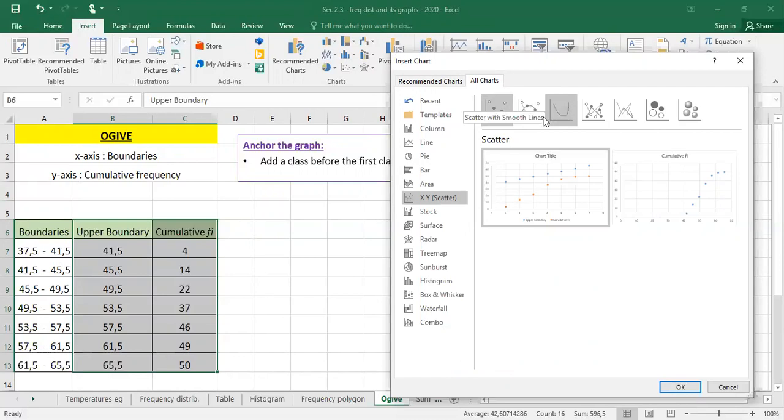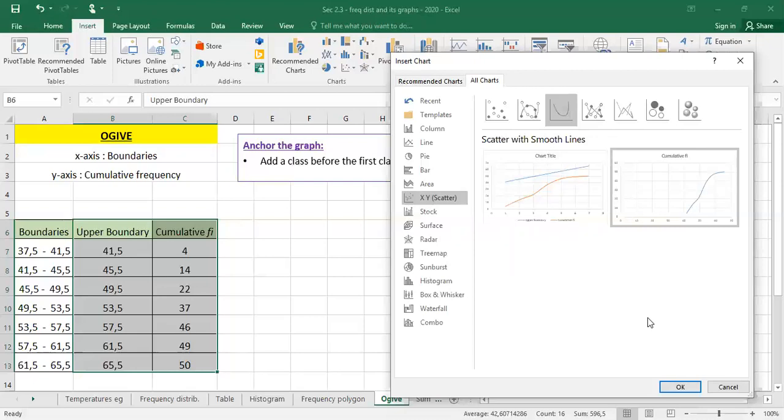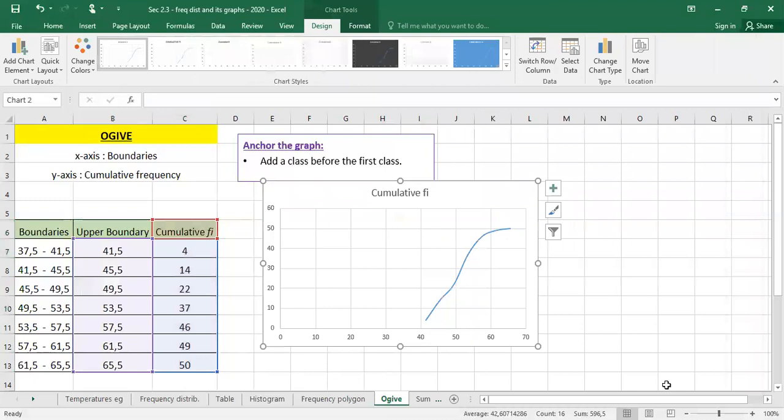If you look at this picture, notice there's no dots or anything on there. So we wanted the smooth lines. If you did it the previous way, there are ways to get rid of those dots, but this is the way we wanted in Stat 130. So use all charts, scatter with smooth lines, press OK.